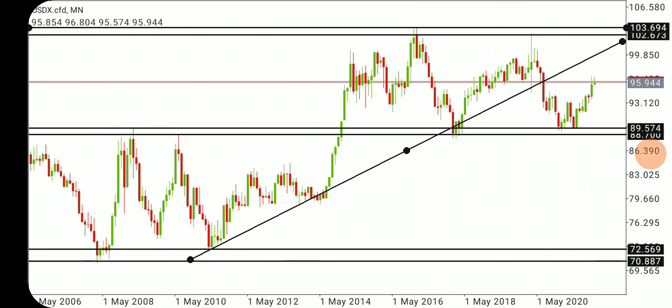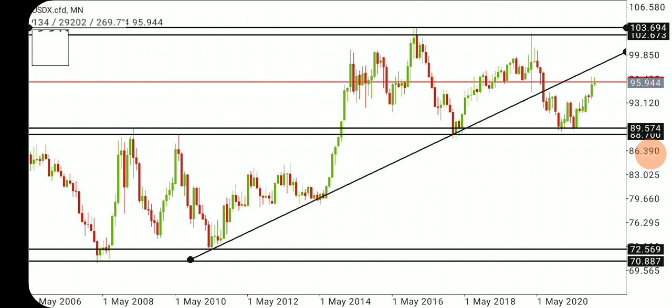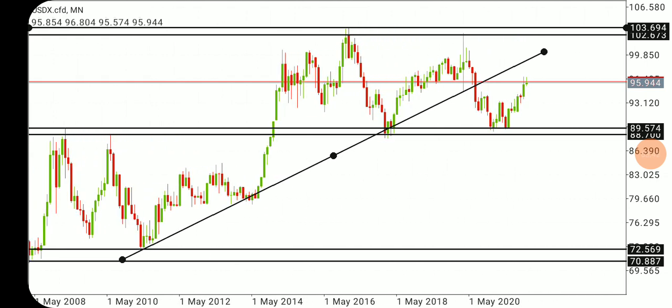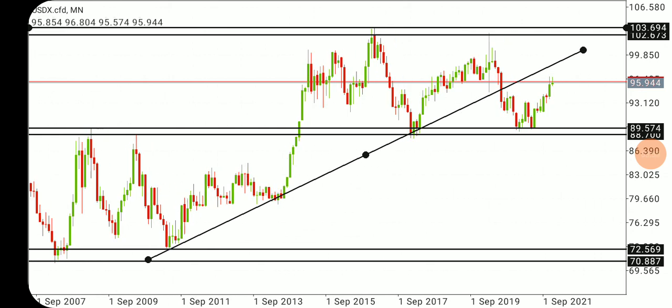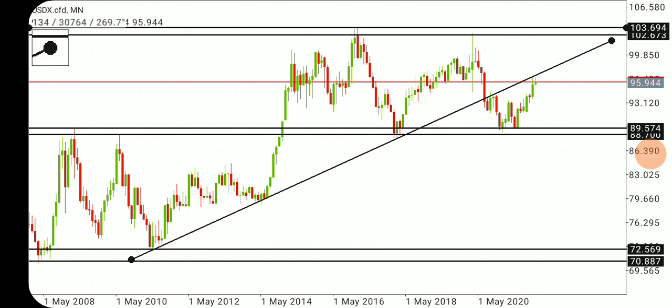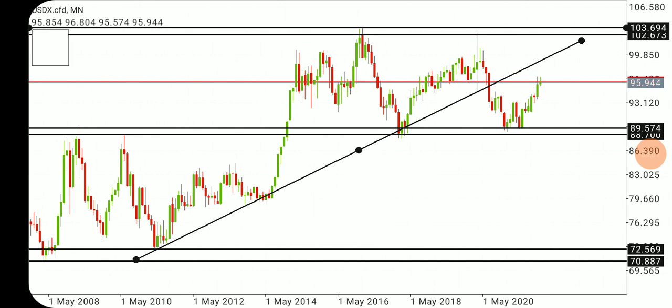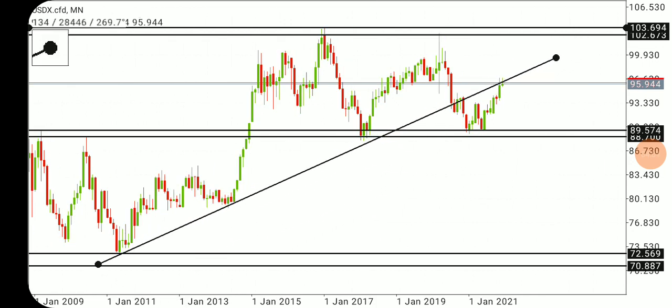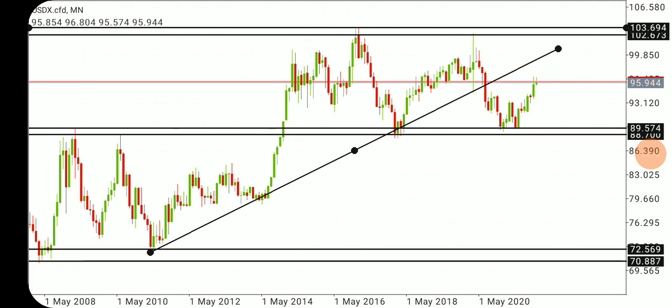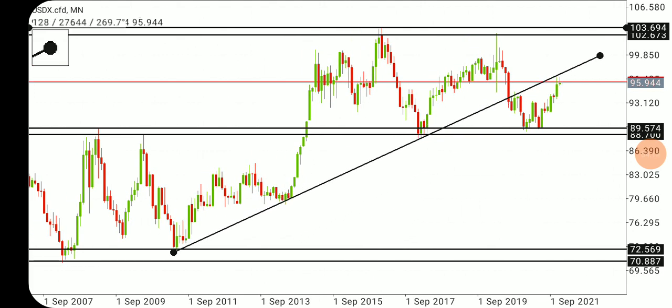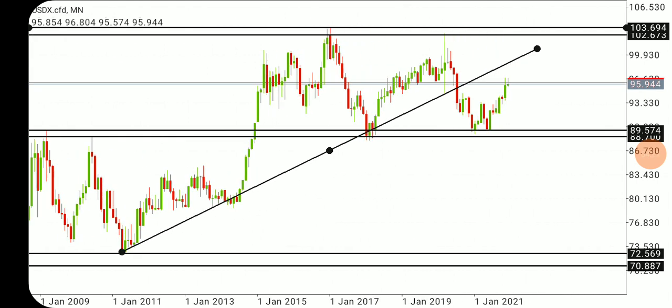This is the trouble that we are having right here. Oh well, I'm having a problem with this trend line.